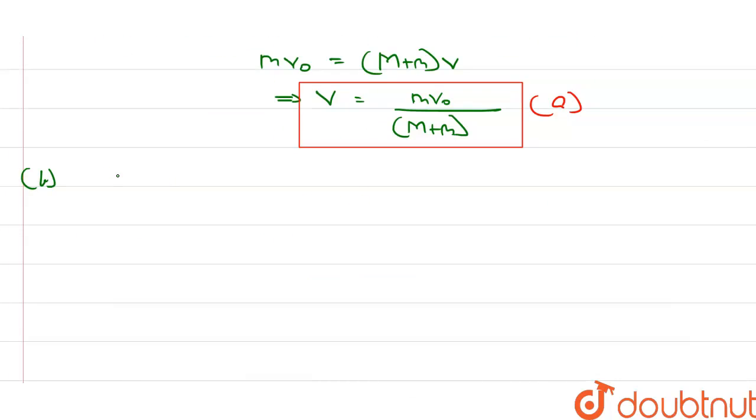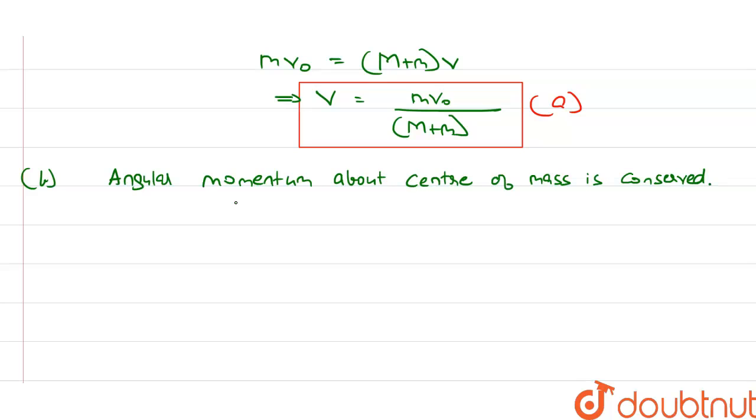For the B part as well, there is conservation of angular momentum about the center of mass because no torque is applied to the combined system. Therefore, you can say that angular momentum about the center of mass is conserved. So initial angular momentum is equal to final angular momentum.